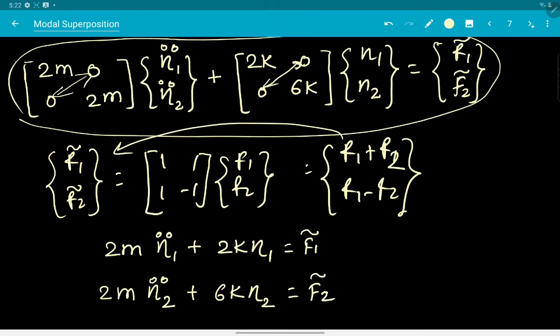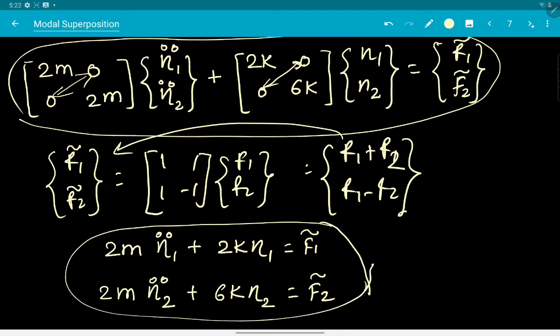So now you have obtained two equations which are entirely indifferent to each other. The first equation you can solve without any regard to the second equation. Similarly, you can solve the second equation without any regard to the first. So you have obtained a set of decoupled equations from a set of equations which were coupled.